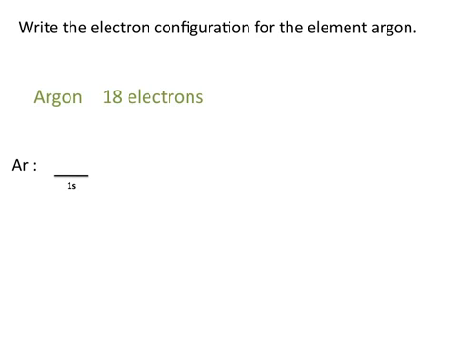We start with the 1s orbital and place 1, 2 electrons with opposite spins. The next orbital we fill is the 2s orbital, where we place 1, 2 more electrons with opposite spins, so now we've placed 4 electrons. The next orbitals we fill are the 2p orbitals, placing 1 electron singly in each orbital before pairing them up.